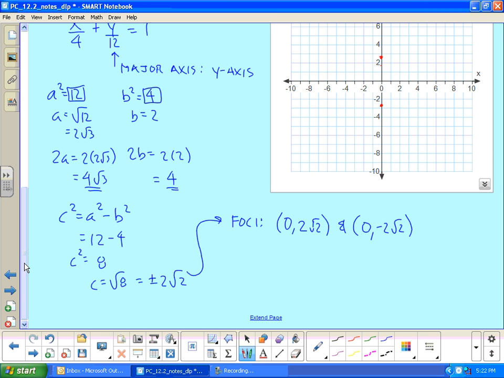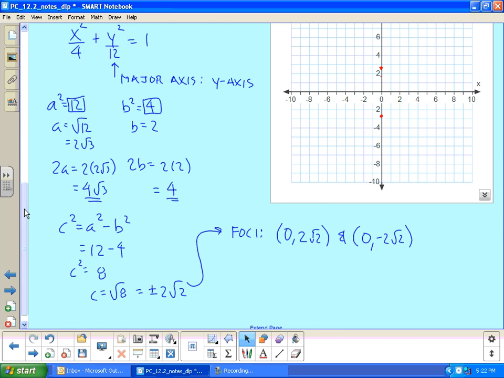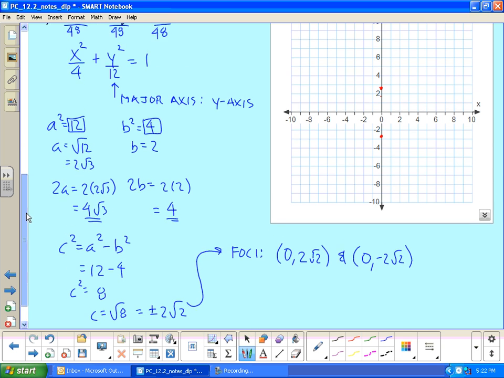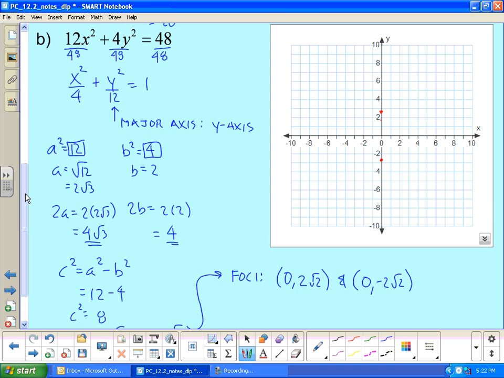What about my axis now, my major axis and my minor axis? All right, major axis is now on the y, and we said that was a value of, what did we say it was? 2 root 3. So 2 root 3 is going to be roughly 3.5.